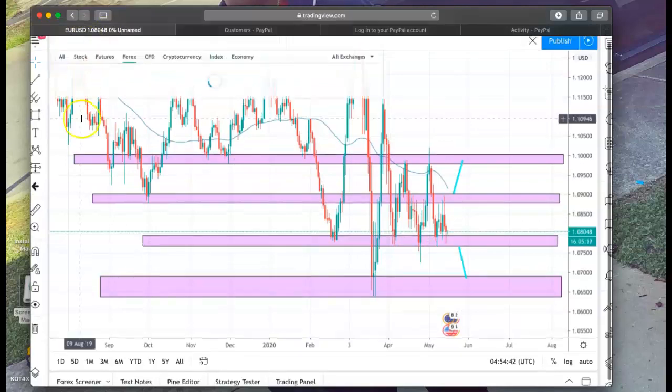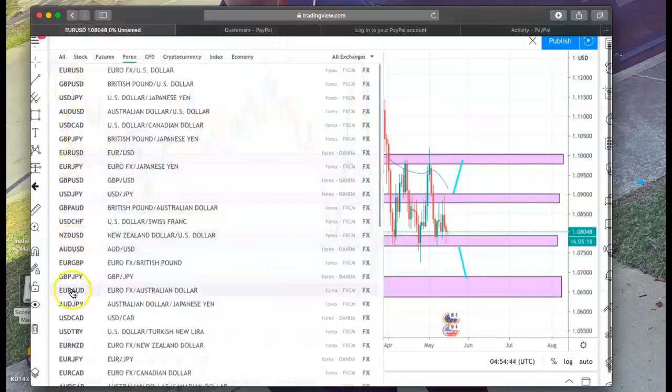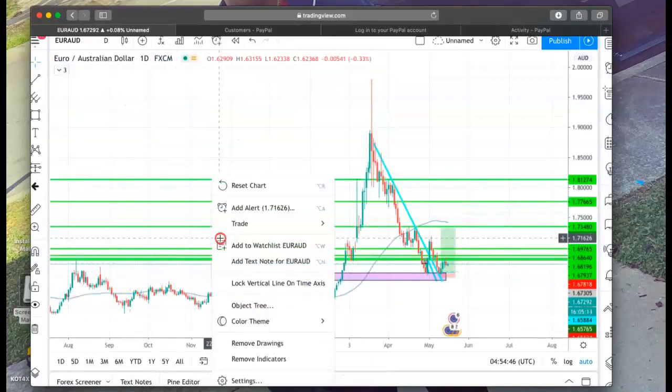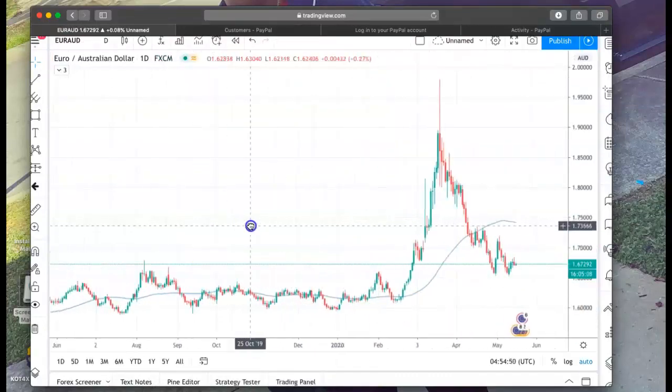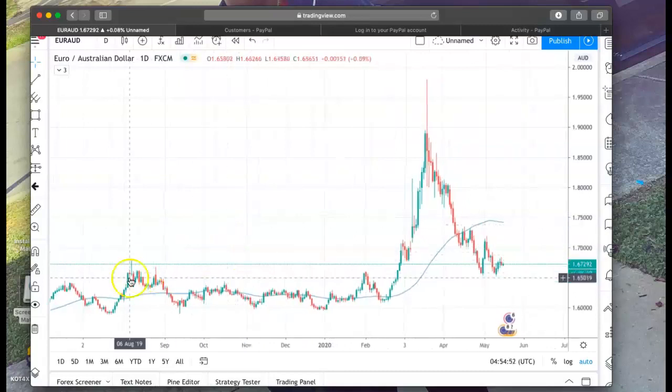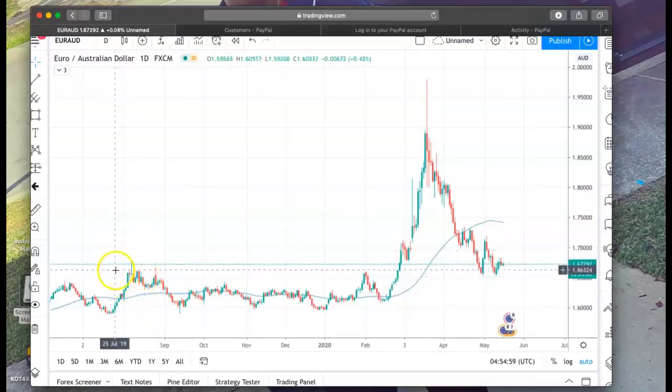We can find a better example on how to identify support and resistance. So we're going to come here. We're on the one day. Oh, I see a lot of rejection on EUR/AUD, the euro versus Australian dollar. So I like to look at wicks. So I see rejection here.